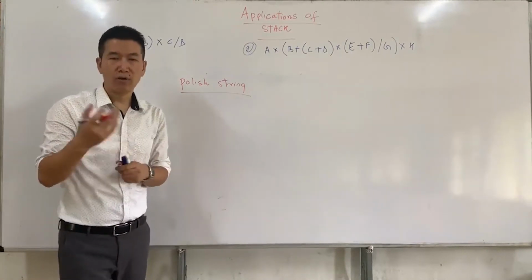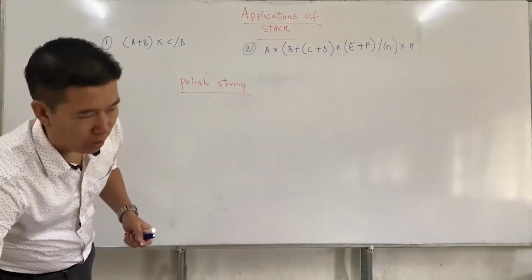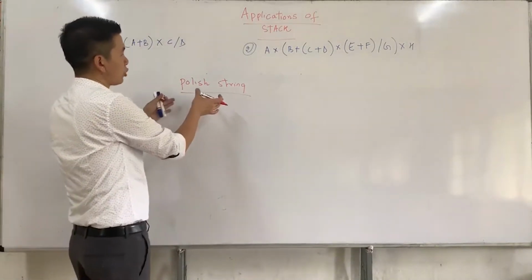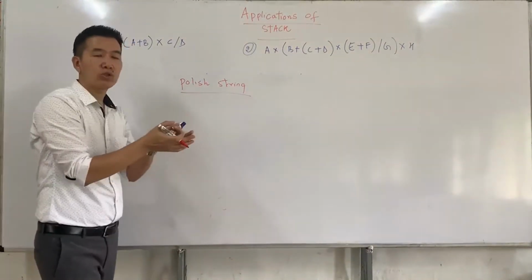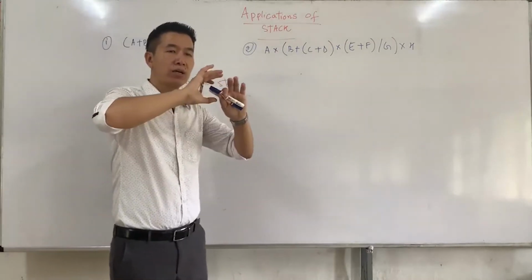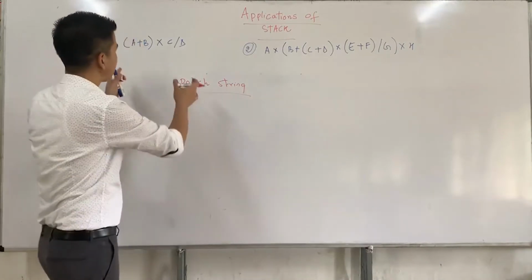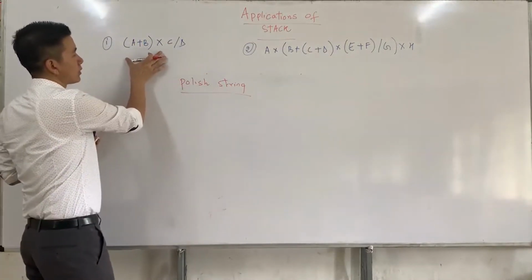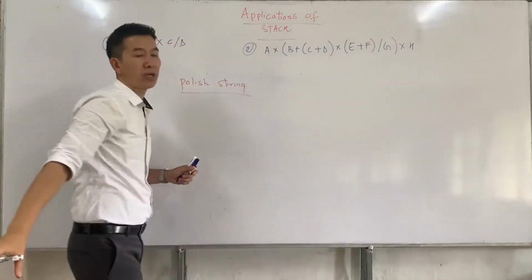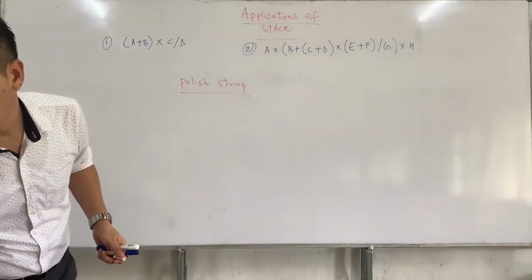I don't remember the name of the Polish mathematician, but this person came up with a notation or format for expressions, and these are the expressions which are very much understandable for us.